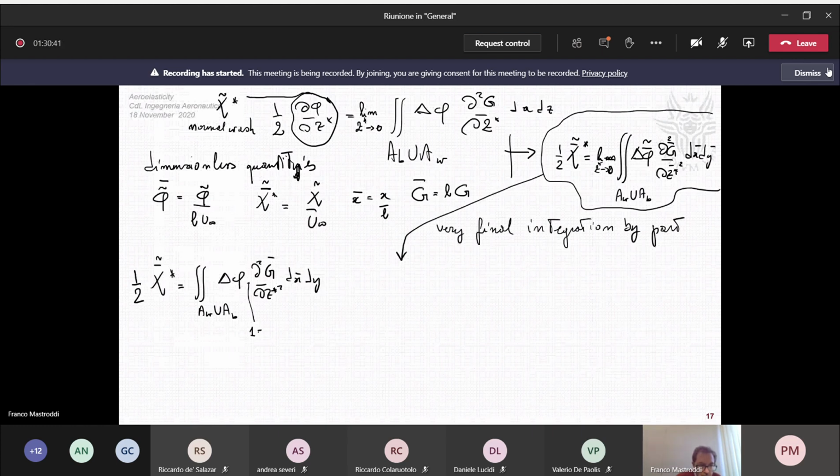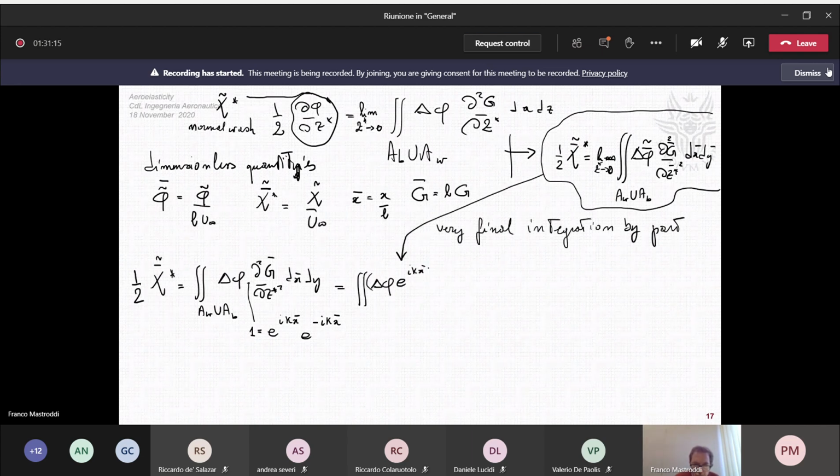I want to see this one as the product e to the power i k x bar times e to the power minus i imaginary unit k x bar. This is the trick. And so we have to factor like this: the integral of delta phi times e to the power i k x bar.